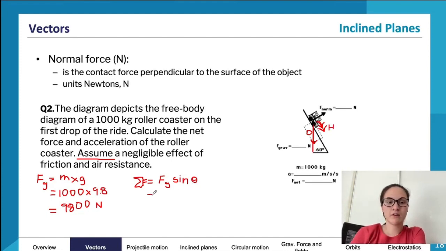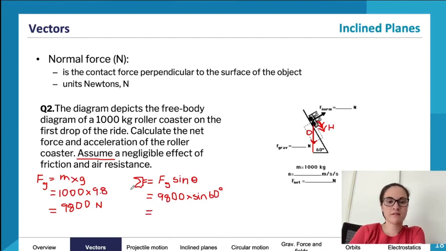All right, so we've got 9,800 multiplied by sine 60. And make sure your calculator once again is in degrees, otherwise you'll end up with a very wrong answer.